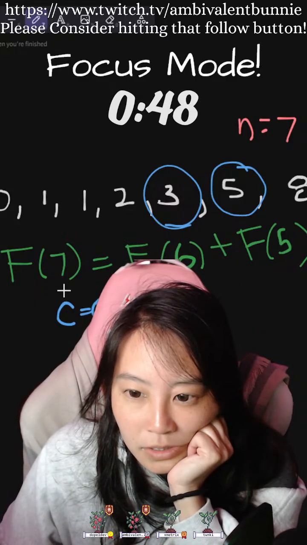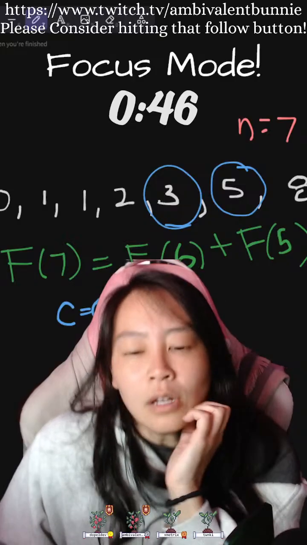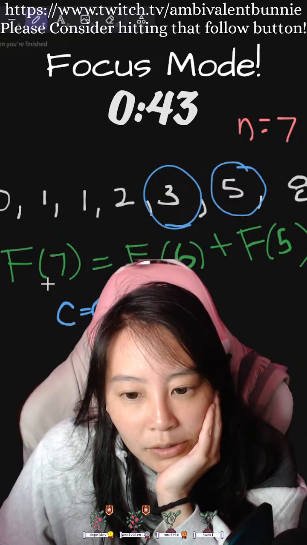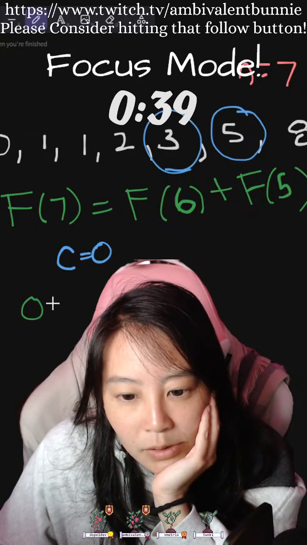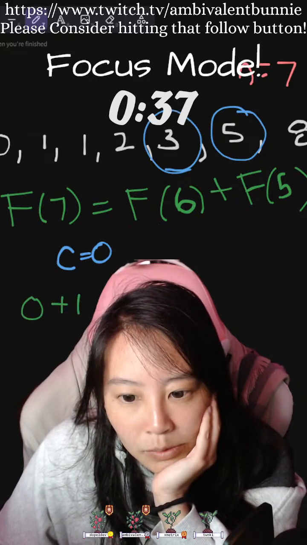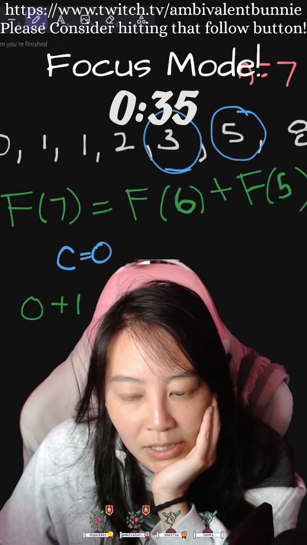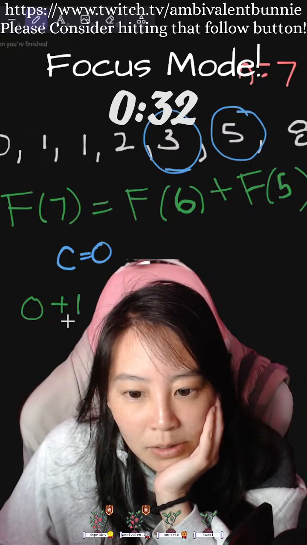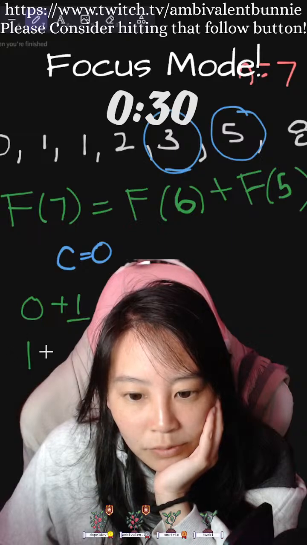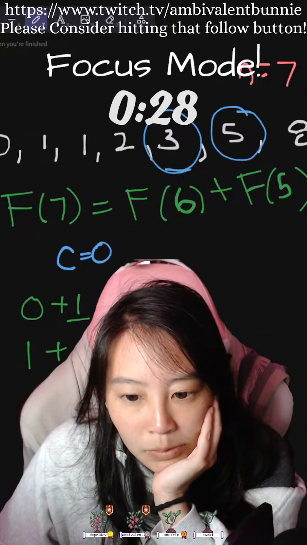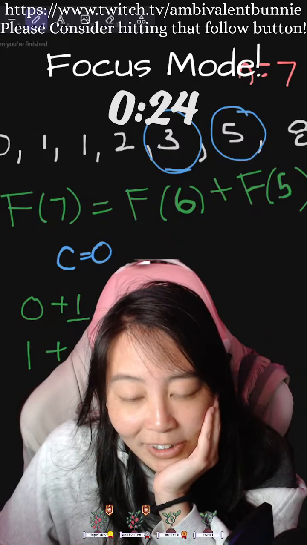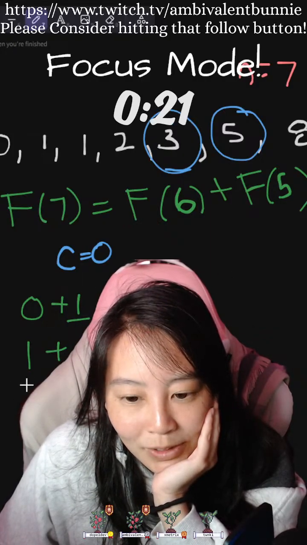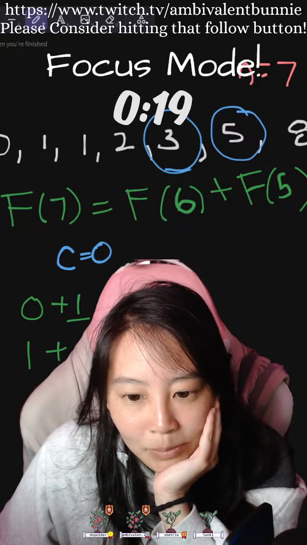And we would have 0 plus 1 equals 1. Then we would take this one plus this one, so 1 plus 1, 2. So we would have a previous and a current, and then the previous plus 1. That would be 1 plus 2 equals 3.